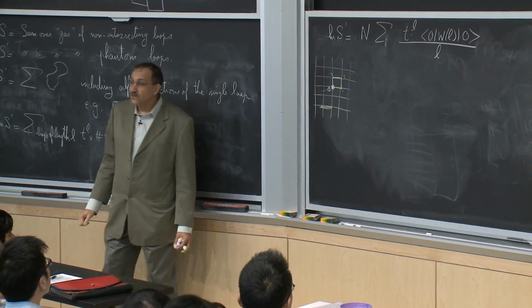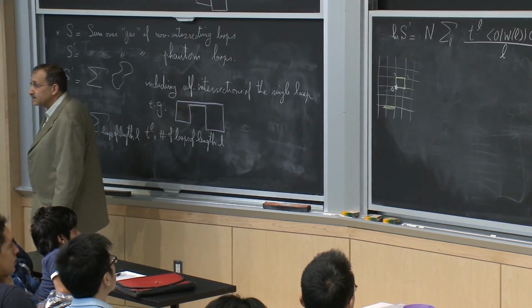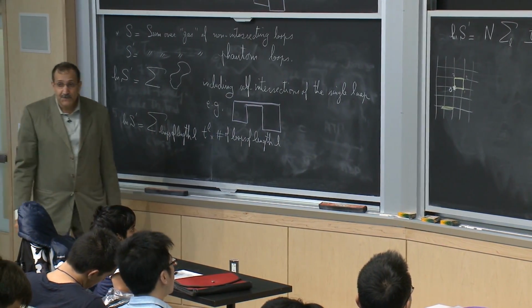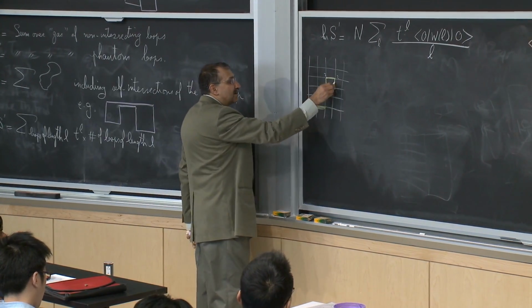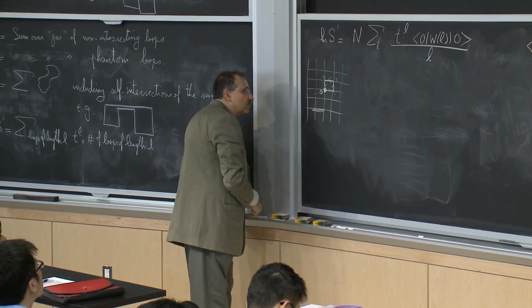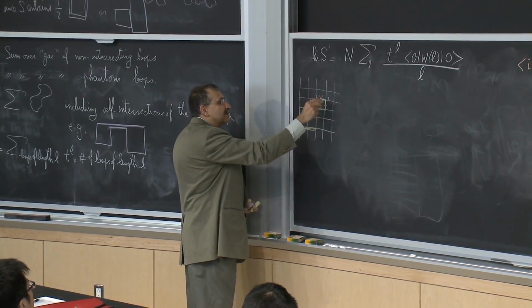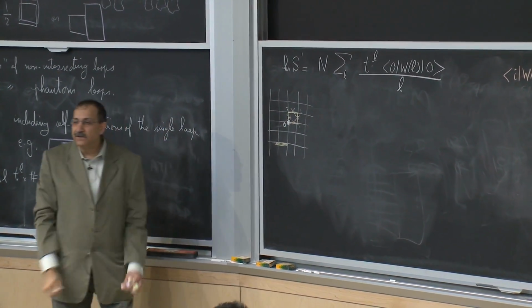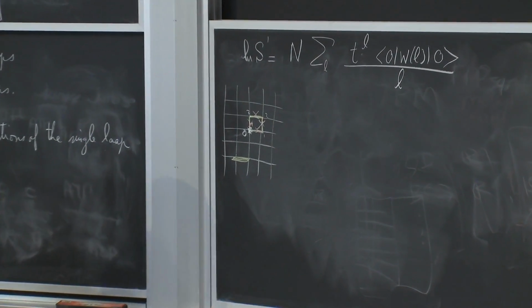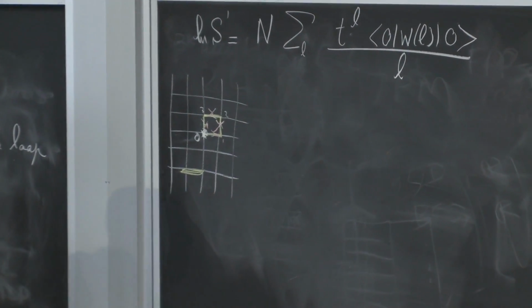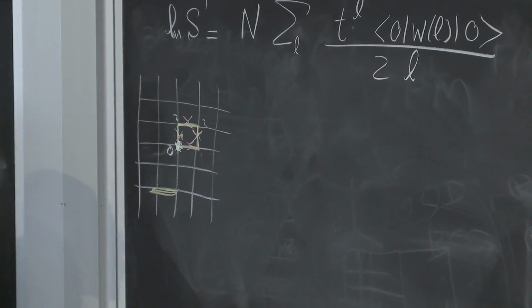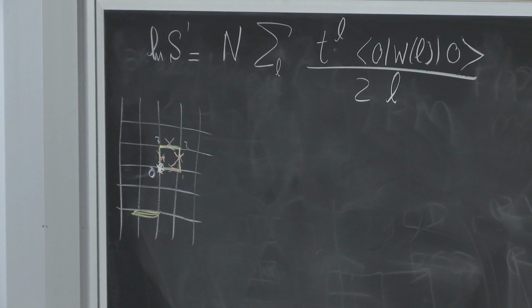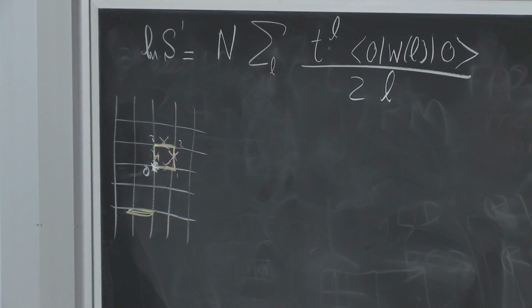So in order to avoid the overcounting, I have to divide by L. And in fact, I could have started walking along this direction, or alternatively, I could have gone in the clockwise direction. So there's two orientations to the walk that will take me from the origin back to the origin in L steps. And to not do the overcounting, I have to divide by 2L.